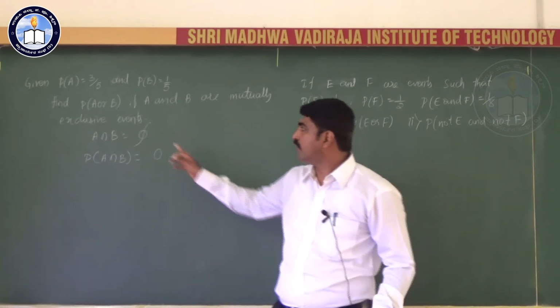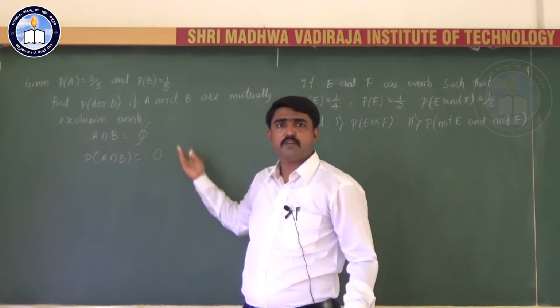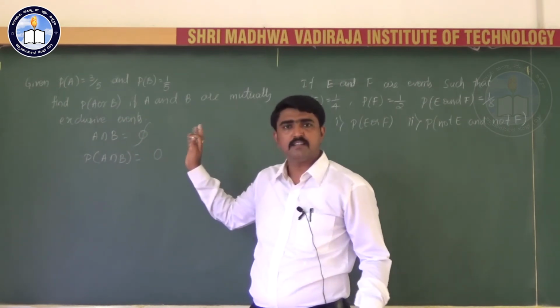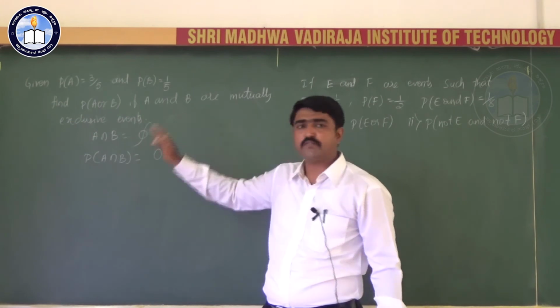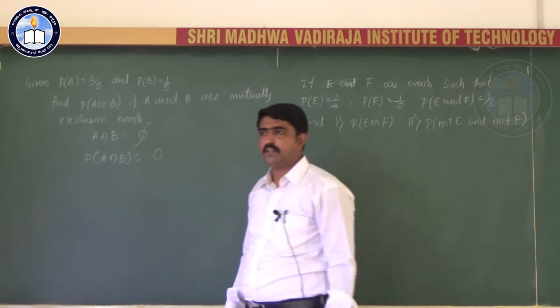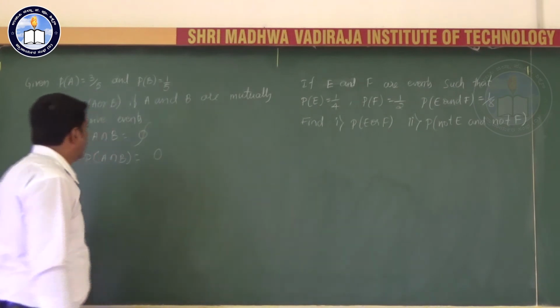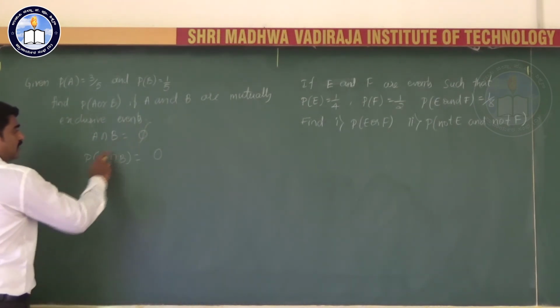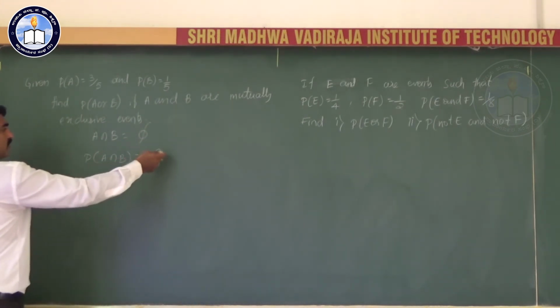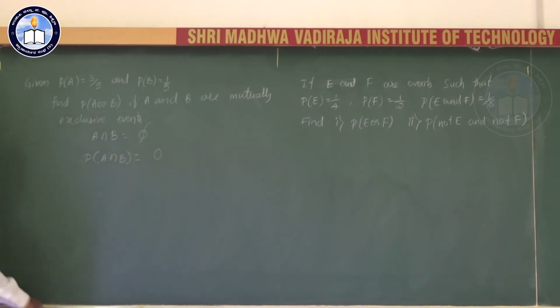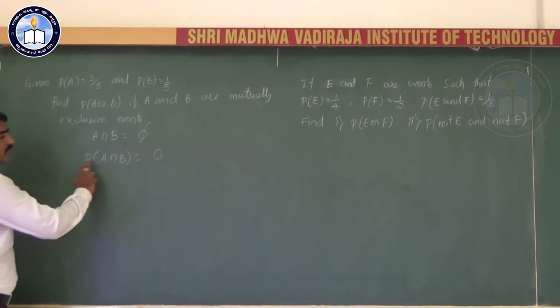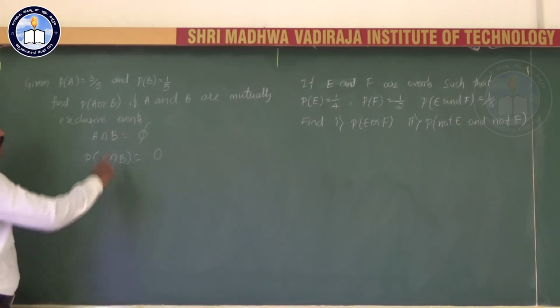So n of A intersection B is 0 divided by n of S, and 0 by anything becomes 0. For mutually exclusive events, the probability of A intersection B is 0.